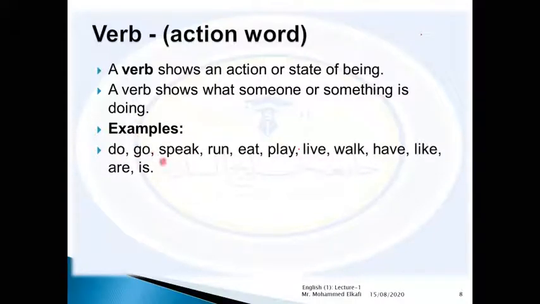Examples. Here we have two types of verbs, regular and irregular. The regular verbs accept ed in the past form or in the past form and past participle forms. But the irregular verbs do not accept ed, but will make some change in the verbs or in the words, or even will keep the same form.